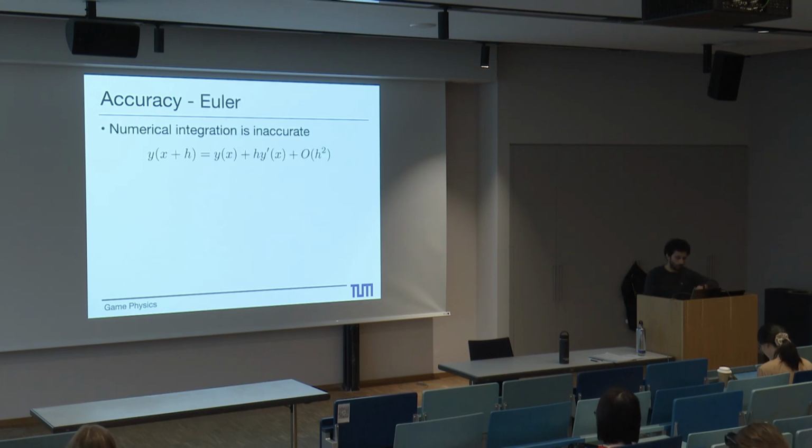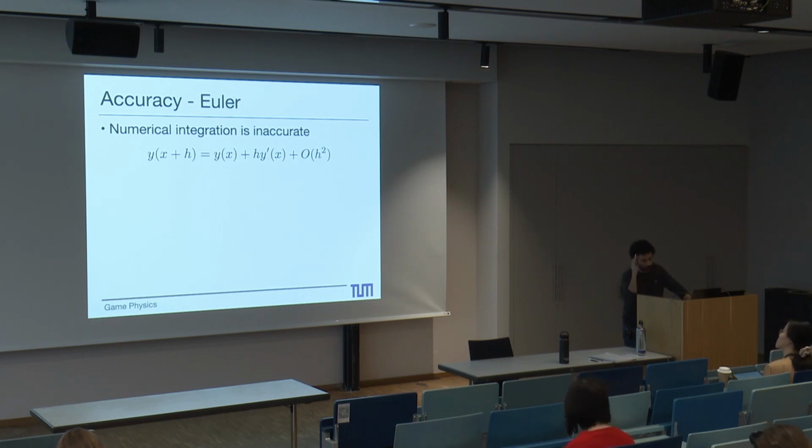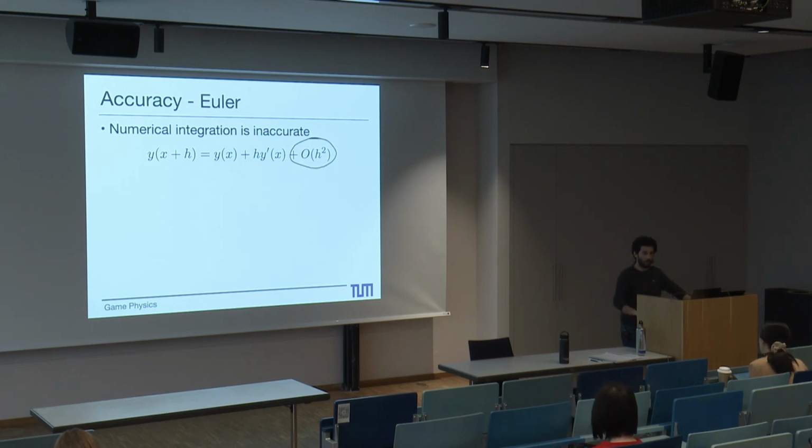Right. Now, why things are inaccurate is something that we mentioned at the beginning, and essentially it is the fact that we are rewriting our Taylor expansion here. As you can see, this equation is exact if we gather all the contributions from the higher order terms in this error term.